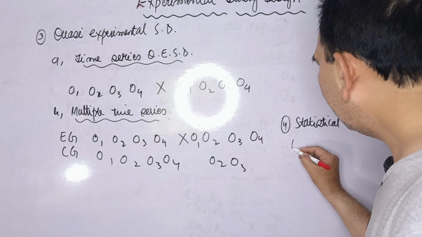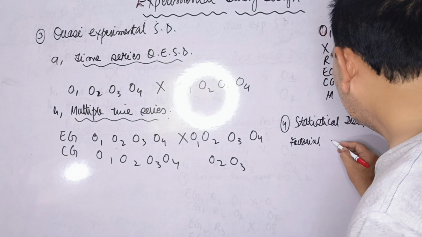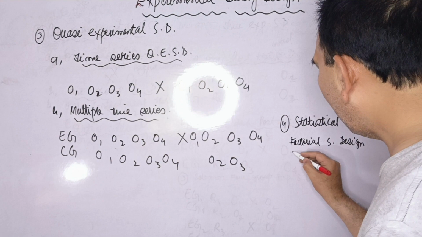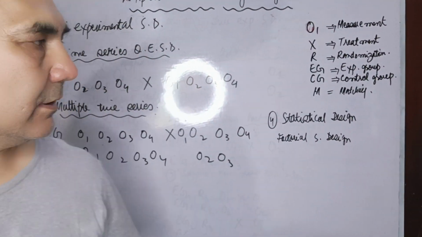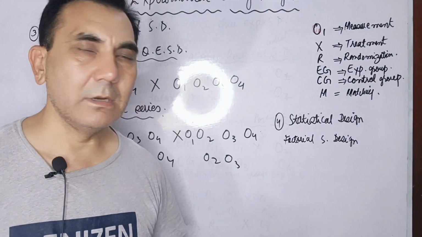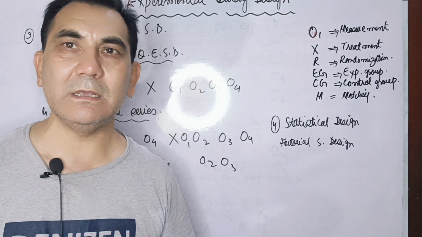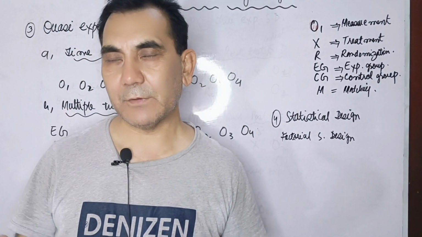One is called the factorial design, which is very famous, and some are non-parametric tests which will be used in the statistical study design of the experimental study design, which see the pre-test and post-test of any treatment or any intervention.